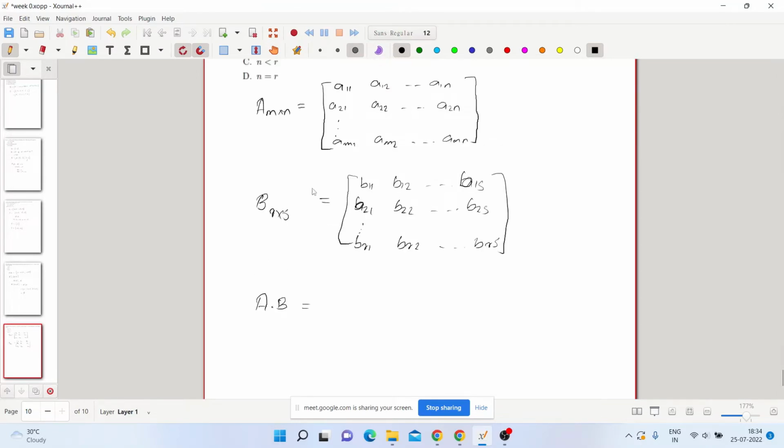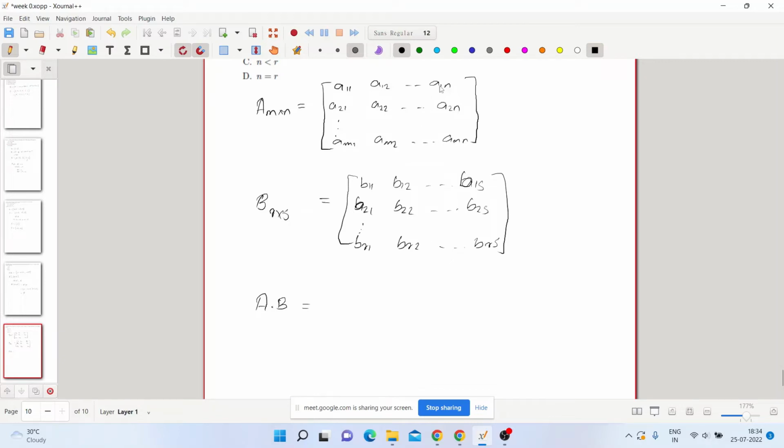So if we are multiplying A and B, that is, A into B, what we are doing is we will take the first row of A and the first column of B, then multiply this row with this column. So that is the first entry of A into B. That is, we will do A11 B11, A12 B21, etc., A1n BR1. So in order for this multiplication to be satisfied, the number of elements in this row and the number of elements in this column should be equal.